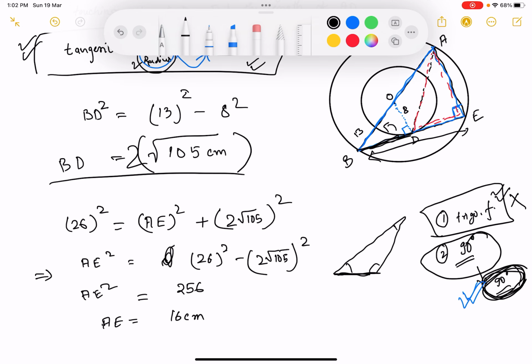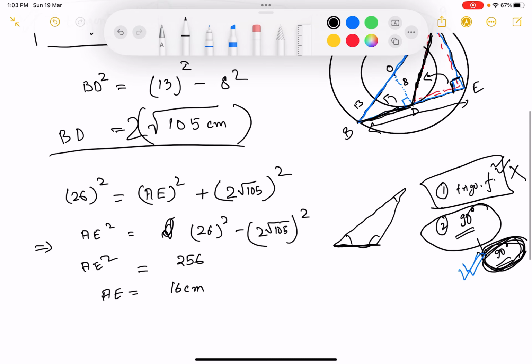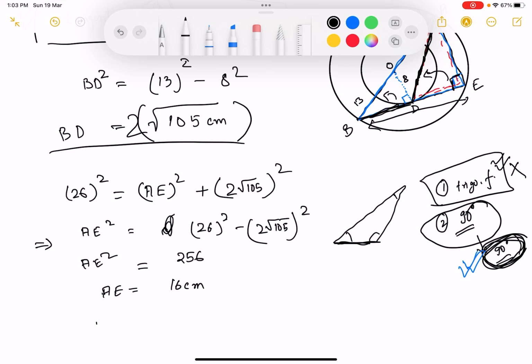Then let's take the smaller triangle, the red triangle. Okay, in this smaller triangle again this angle is 90 degree, and this is AD. AD is the hypotenuse which we need to find. AD square is equal to DE square plus AE square. DE we know. AE is 16 centimeter.